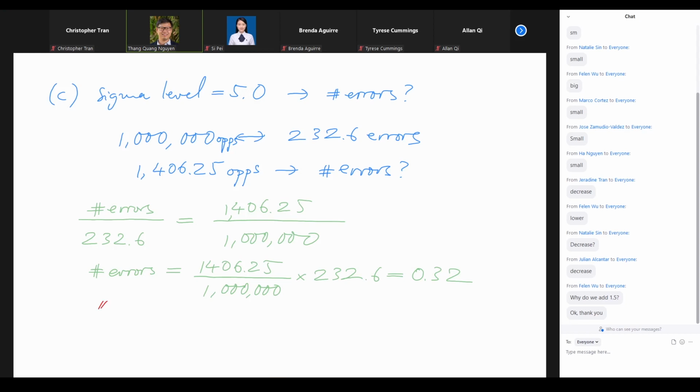We cannot, because either we see 0 or 1 or 2 or 3. The least that we can see is 1. We cannot see a decimal number of errors like this. All right, so let me make a note here. We cannot see this number of errors in reality.